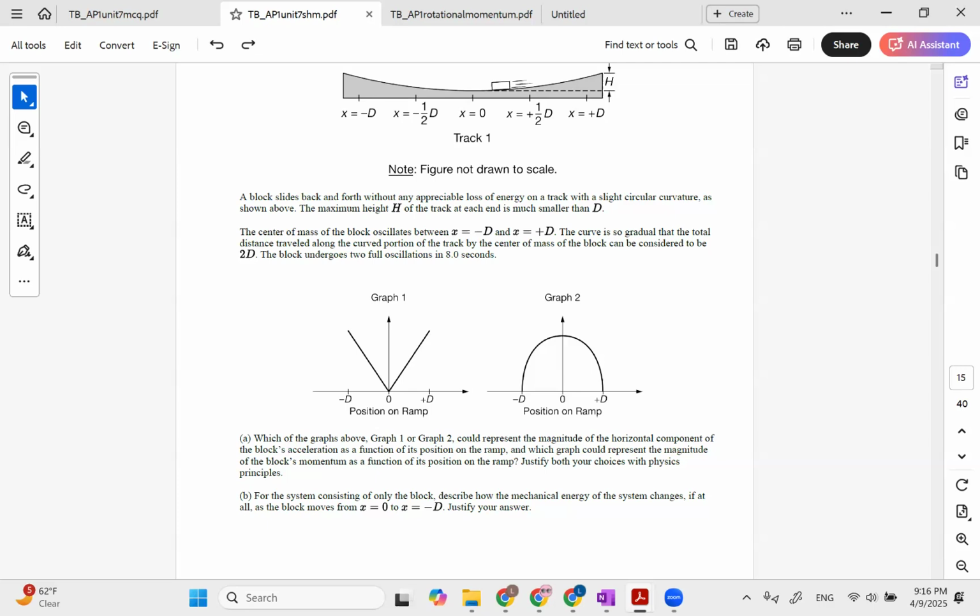Why is it graph one, not graph two? Because it's acceleration, and on the x-axis is the position, right? What's the relation between A and X?